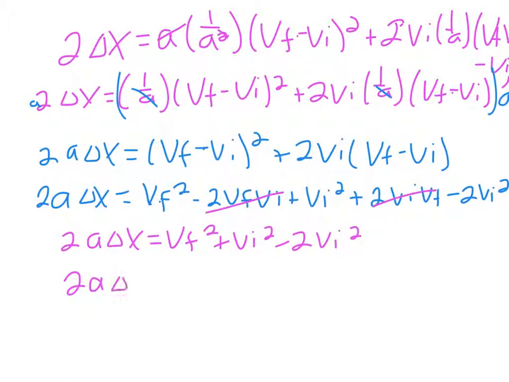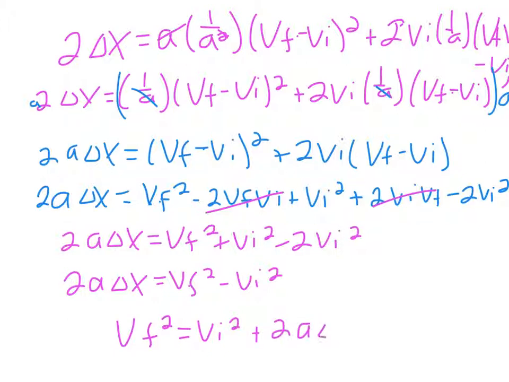So 2a delta x equals v final squared minus v initial squared. And if I bring the v initial over to the other side and just flip these, we end up with the no time equation, v final squared equals v initial squared plus 2a delta x.